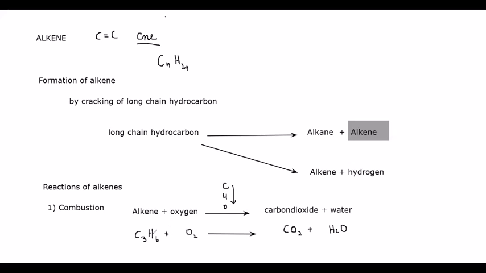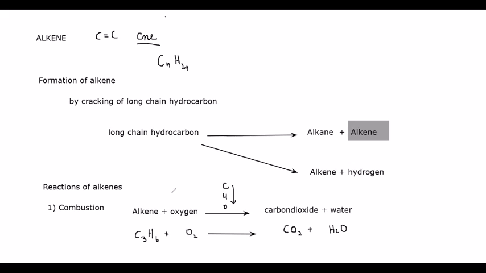Combustion means burning. When you burn these alkenes, they react with oxygen and give carbon dioxide and water. Yesterday we did the same thing for alkanes. When an alkane burns completely, it also gives carbon dioxide and water, because both alkenes and alkanes are hydrocarbons. The term hydrocarbon means they contain carbon and hydrogen.